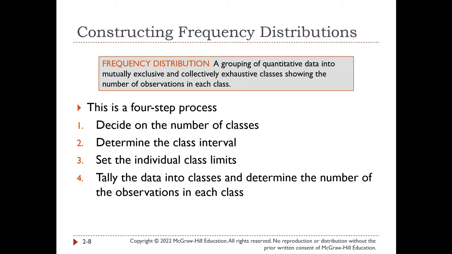Quick formula on that. Also, very simple. Number 3, set the individual class limits. And then number 4, we're going to tally the data into classes and determine the number of observations in each class.